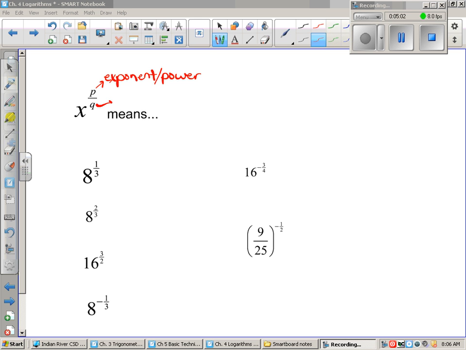The number here, or in this case it's a letter, is the root: the square root, the cube root, the fourth root. And x, sometimes will be an x, but sometimes it'll even be a number. So if I was to write this out, this really means the cube root of x to the p. Another way that this could be written is the cube root of x, and then we raise it to the power.